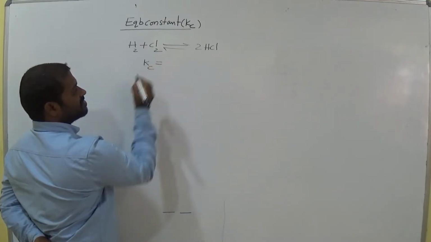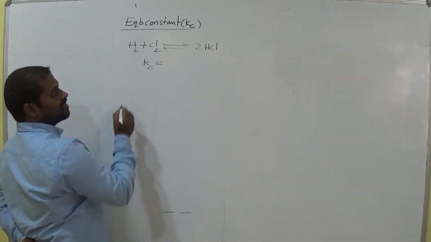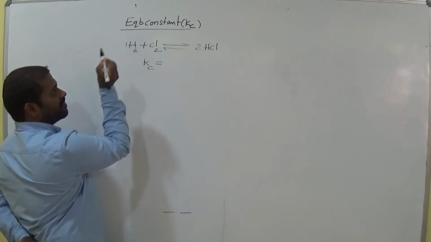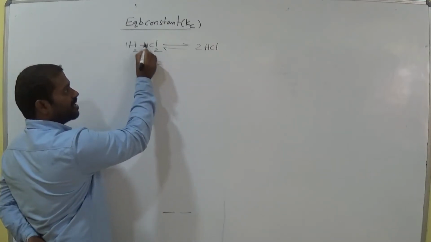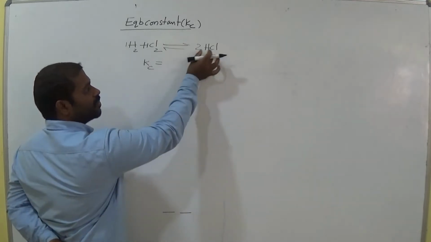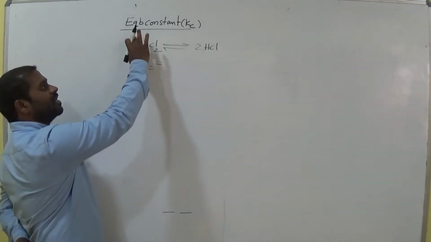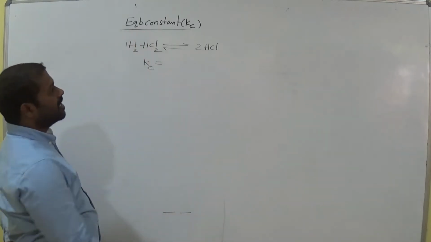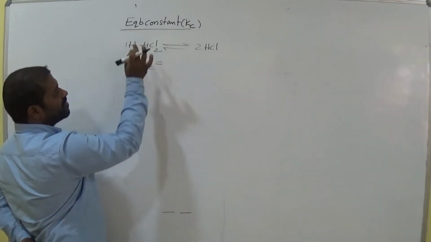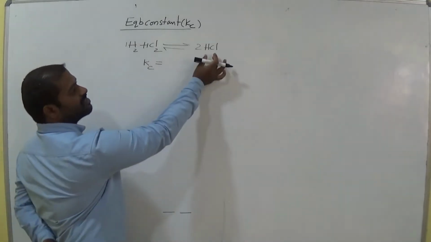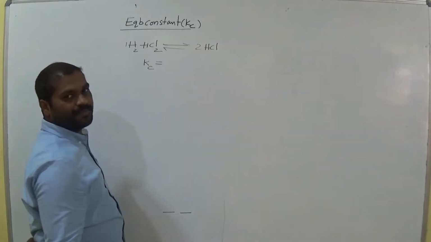Kc is equal to, here 1 of H2, 1 of Cl2, 2 of HCl. Am I right? That means the number of moles of H2 equals 1, number of moles of Cl2 equals 1, number of moles of HCl is 2.